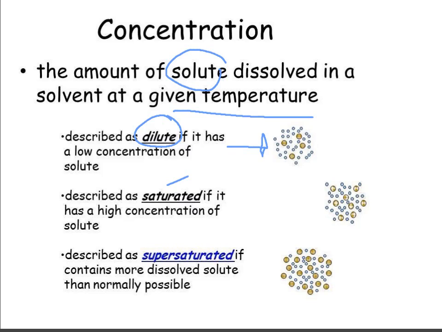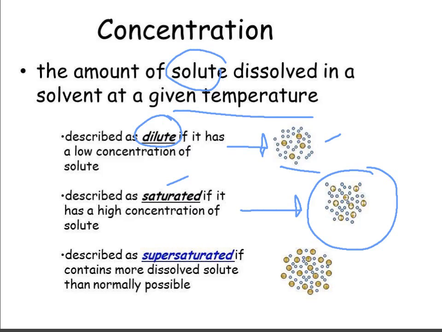If we compare the number of solute particles in the diluted solution, there are more solute particles in the saturated solution. So again, this is a perfect example of a saturated solution wherein more solute is found compared to a diluted solution.